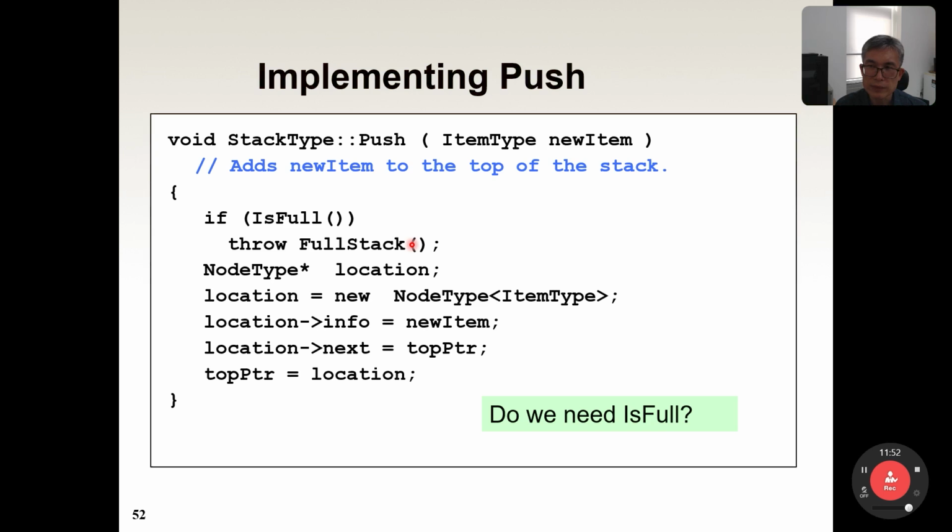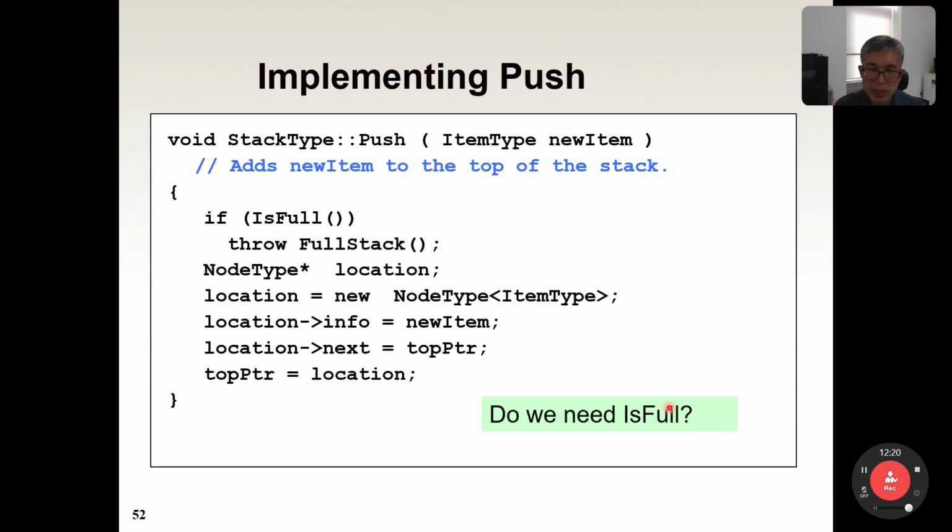And if there is something wrong creating a new object, we handle it and catch the error. And location is the temporary variable to point to the new object here, and we initialize location's info and next, and then adjust the top pointer to the location. So do we need is full?